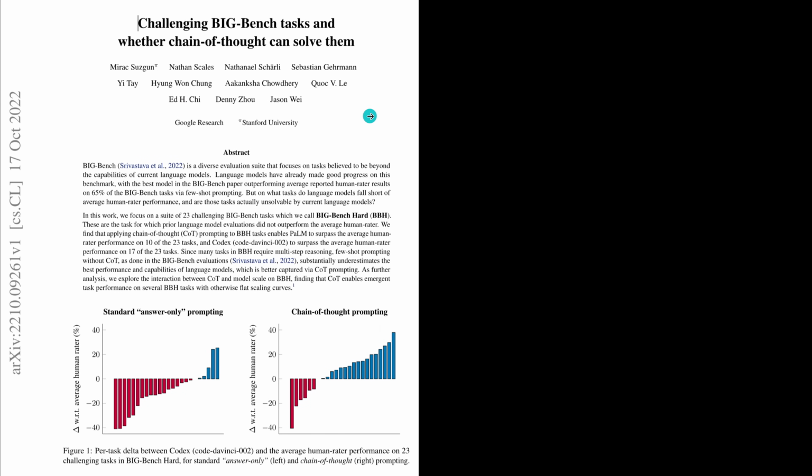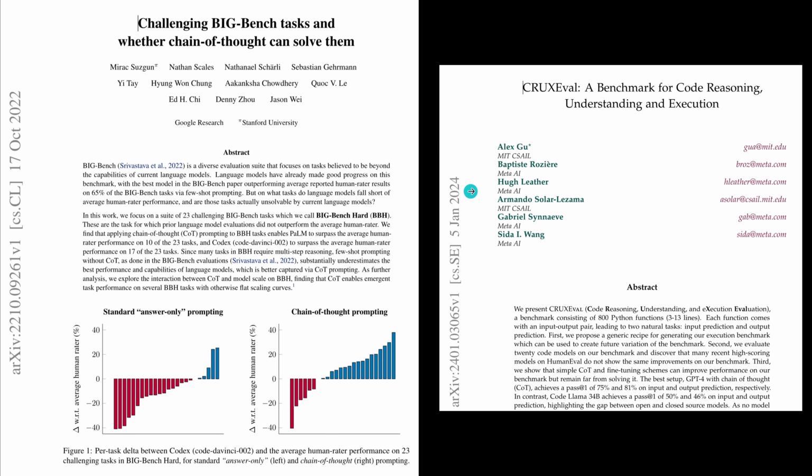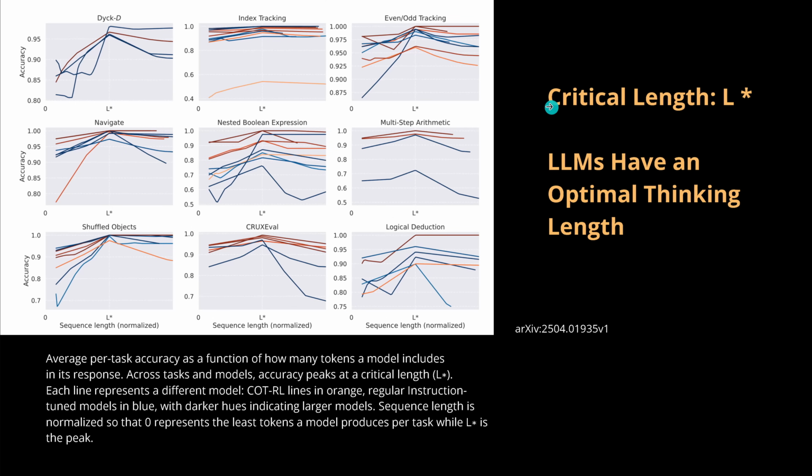They go to published data that are famous, from Google Research and Stanford University from 2022, the Big Bench task, or, if you want something a little more recent, from January 2024, MIT and Meta AI's Crux evaluation. But never mind, whatever benchmark you take, across all the different tasks, there is a critical length.